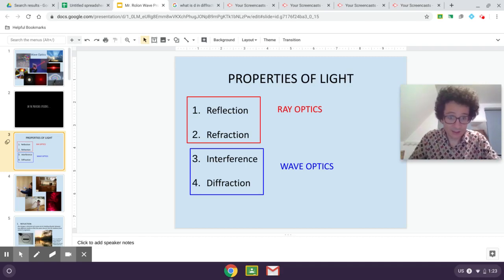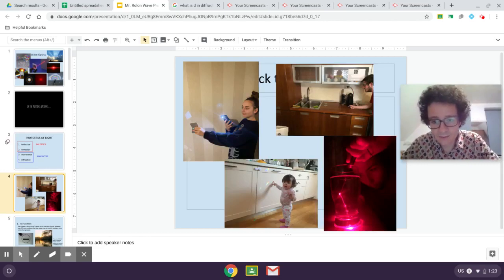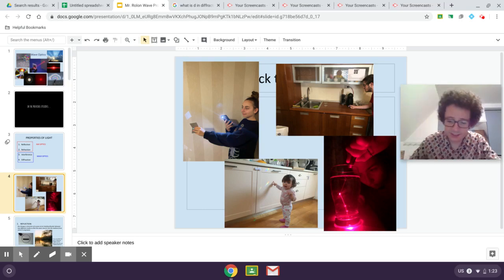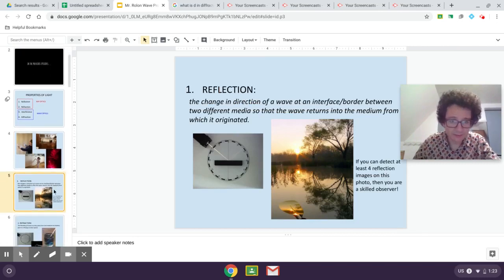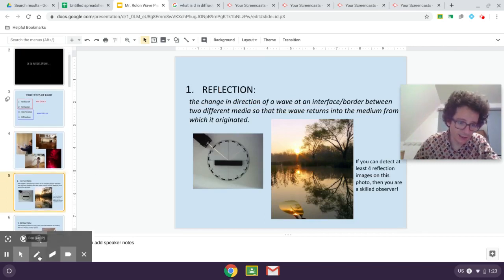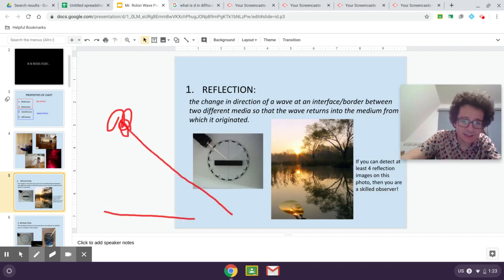So, well, reflection and refraction are very easy to see in nature. You've been sending different pictures about demonstrations you did in your houses. You know very well what reflection is, when light reflects at the boundary of a medium.